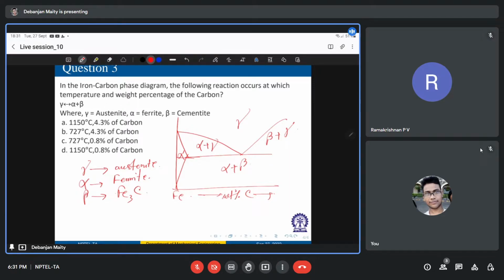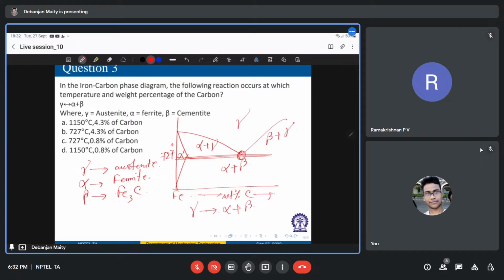At an isothermal temperature of 727 degrees C, your gamma austenite transforms into two different phases, alpha plus beta. So it transforms into ferrite and cementite, right?